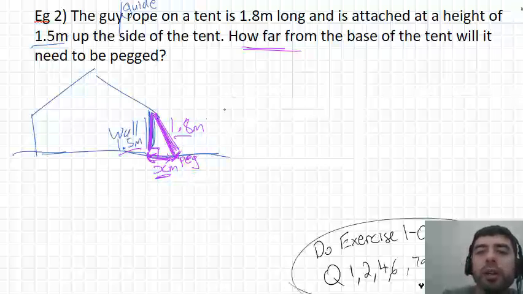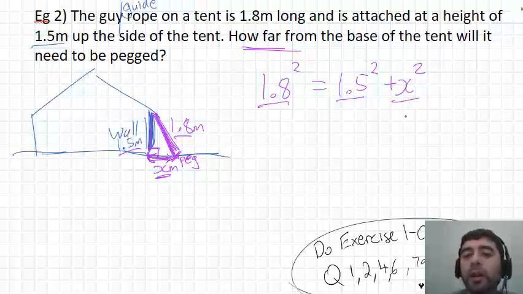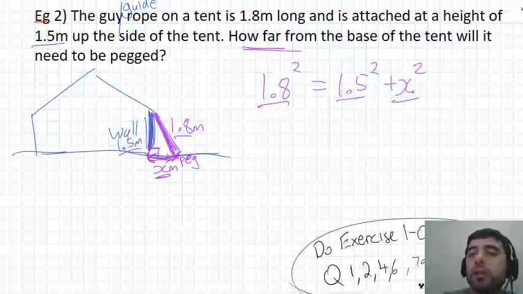The longest side squared, 1.8 squared, is equal to 1.5 squared plus x squared. It's always that same format. Something squared equals something squared plus something squared, and we're filling in the blanks. Now, if we're finding the longest side, this will all go in the calculator. If we're finding a shorter side, we can't exactly put this in the calculator straight away, but if we know that these two numbers add up to this one, then I know that x squared is actually 1.8 squared take away 1.5 squared.